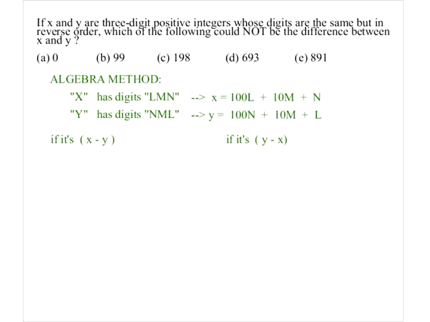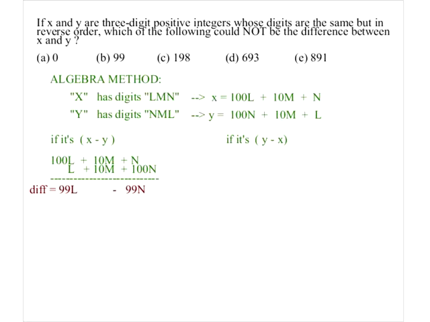That's 100L plus 10M plus N, and then Y is L plus 10M plus 100N. So if you subtract, then the difference is 99L minus 99N.